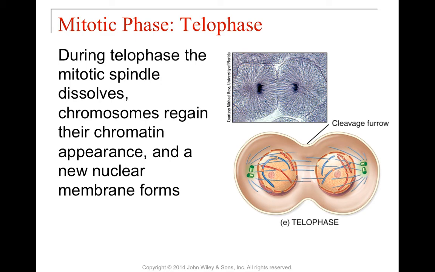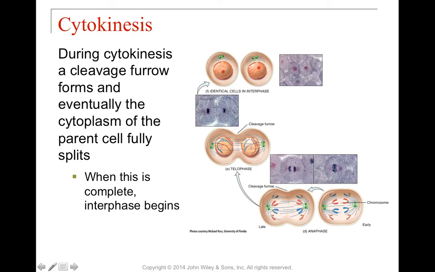So telophase is basically when we're going to have the dissolution of the mitotic spindles, because we've already brought the chromosomes over to the regions where they're going to be residing. And we're also going to be reforming the nuclear envelope. Chromosomes are going to start to decondense, so they no longer look like little lines. They're starting to dissolve back out into chromatin. And that cleavage furrow is going to continue down until we end up separating them into two, which is again the process of cytokinesis.